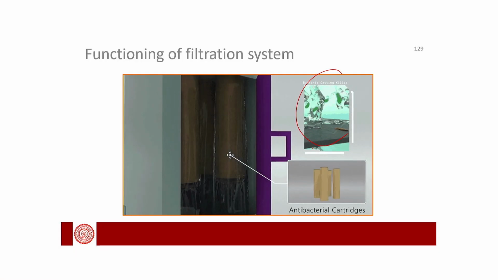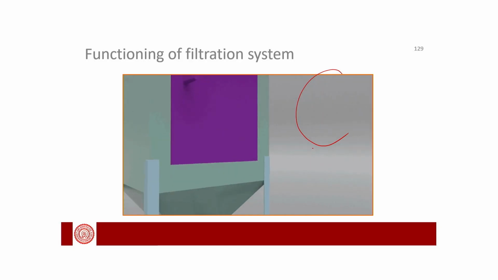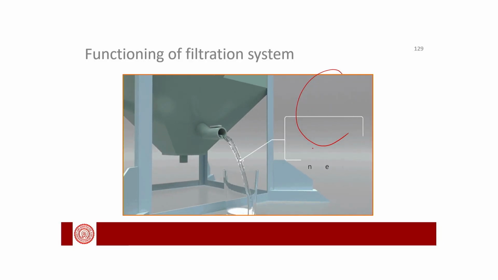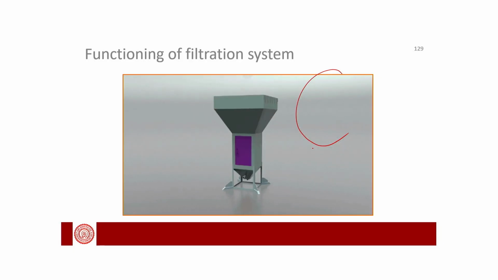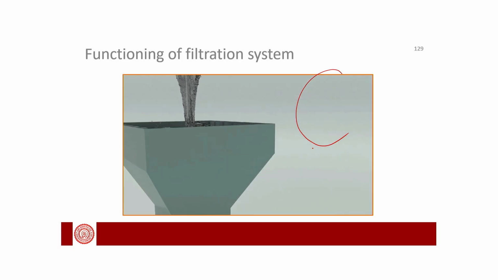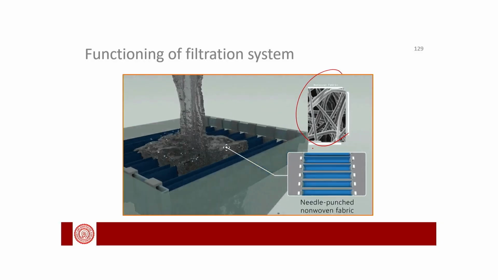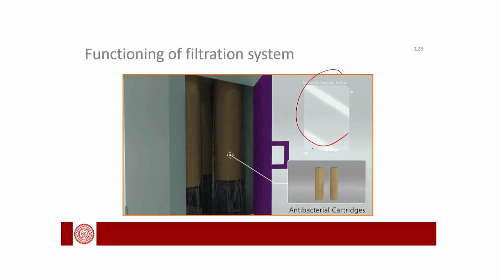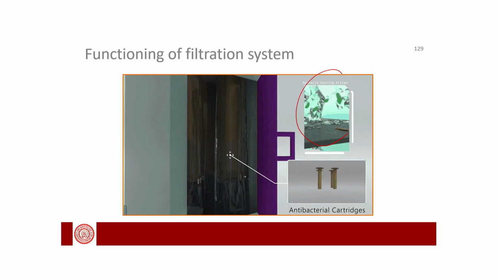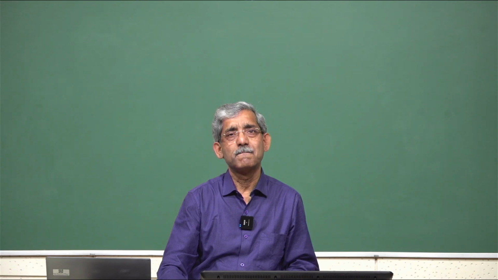We do not need any expert for that. The only thing is that after a certain time we have to replace the cartridge, and the nonwoven fabric will be replaced or maybe washed and reused. We have optimized that, and the cost of production will be very simple.